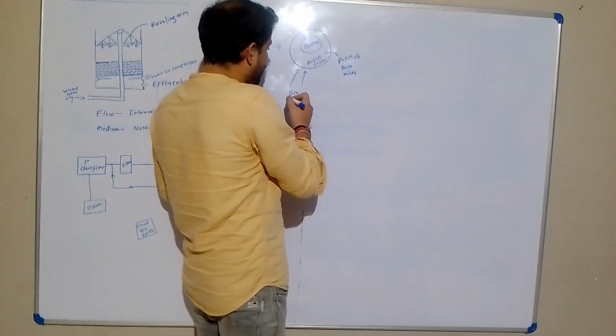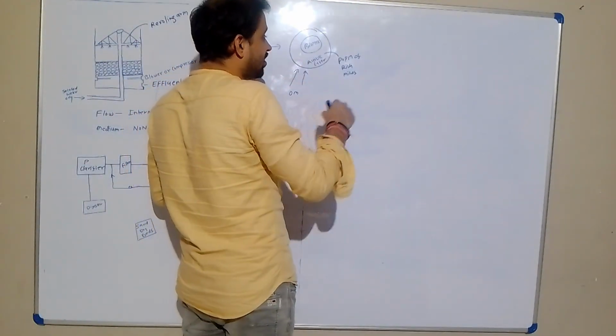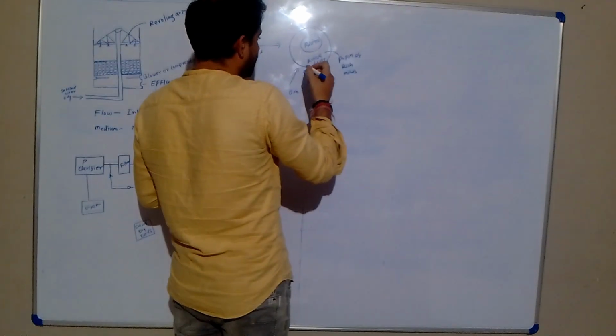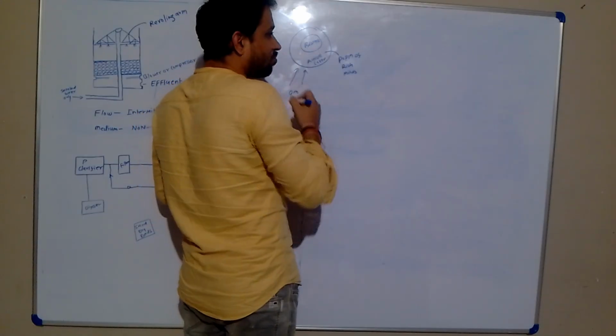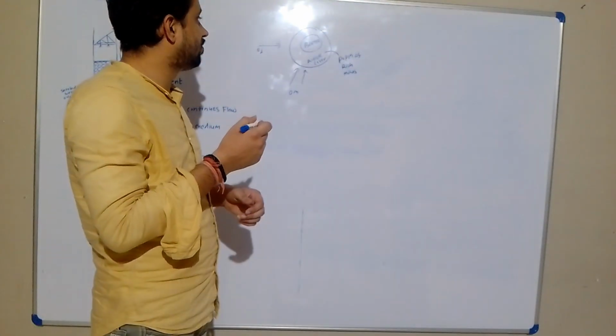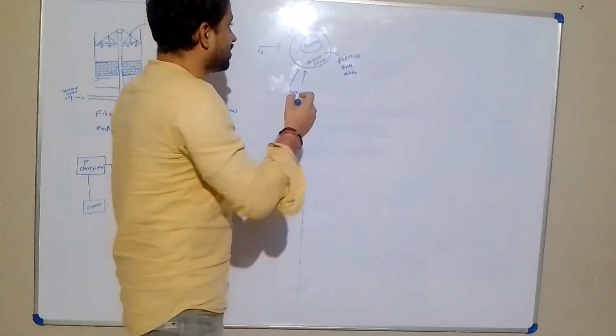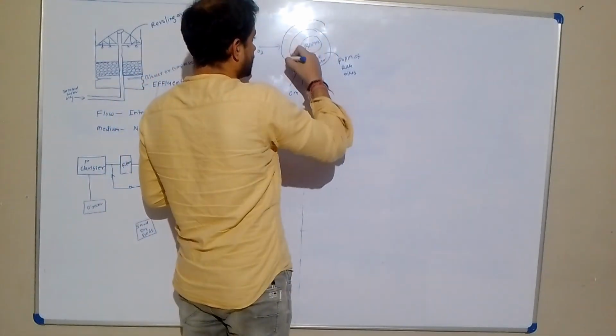And the major degradation of organic matter, which satisfies the biological oxygen demand, is done by the heterotrophic type of bacteria, which decompose organic matter, and the biomass layer grows in size.